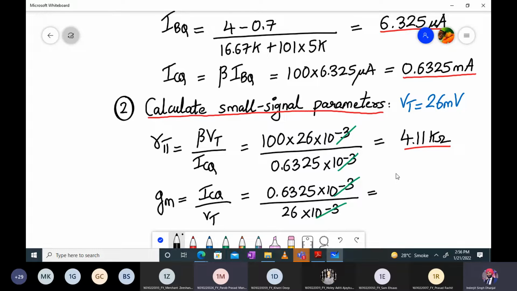Someone please tell me the GM value. 0.6325 divided by 26. Is it 24? 24.33. Unit is milliampere per volt. So that's the value of GM.